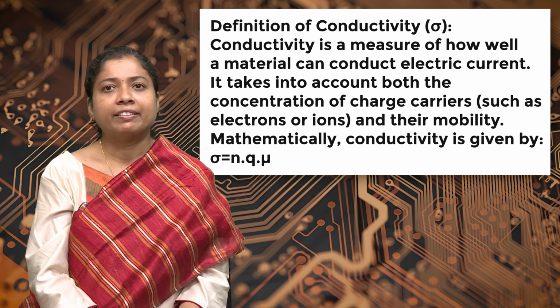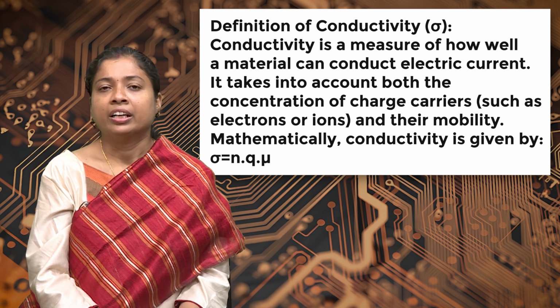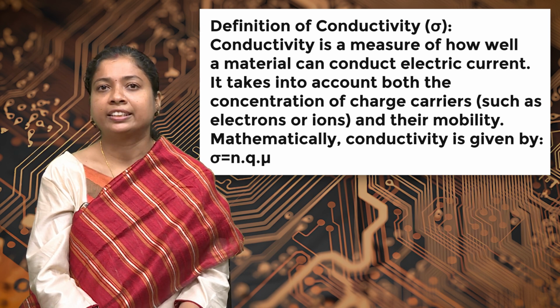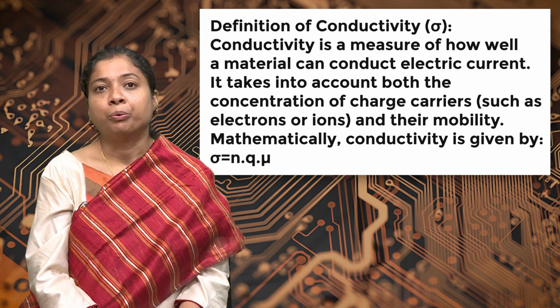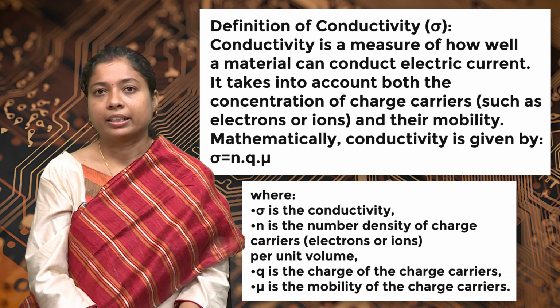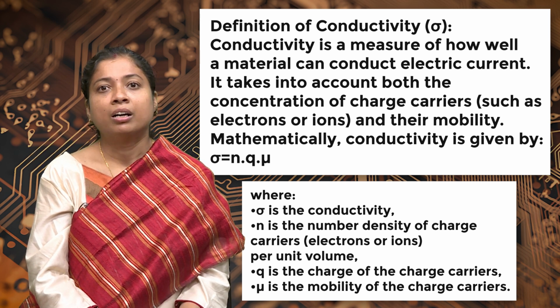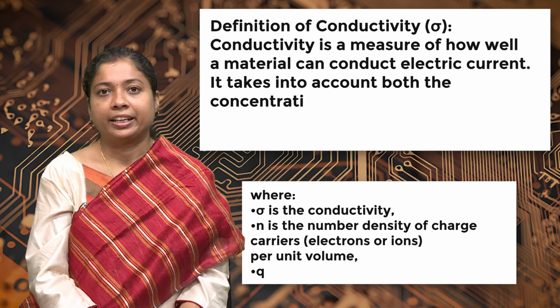Mathematically, conductivity is represented by the equation sigma equals N q mu, where sigma is the conductivity, N denotes the number density of the charge carriers, q is the charge of the charge carriers, and mu represents the mobility of the charge carriers.